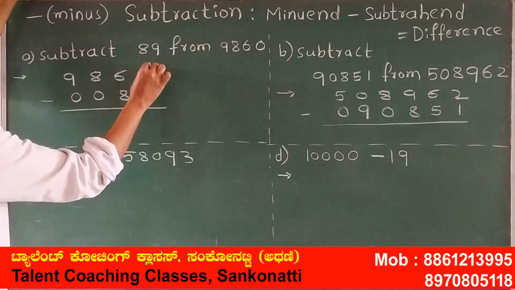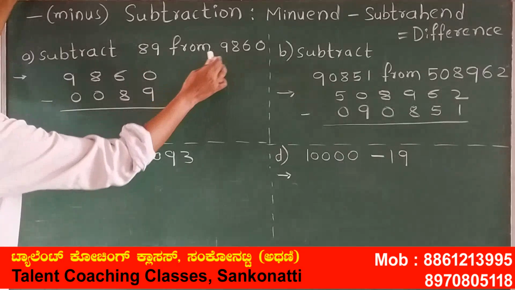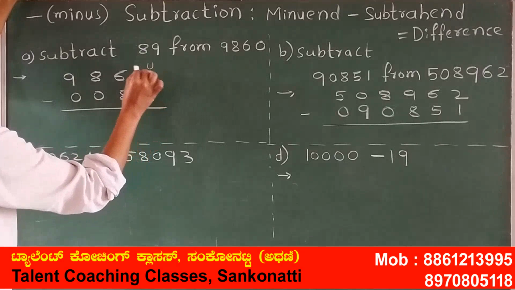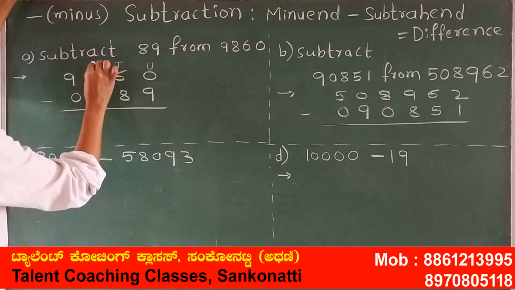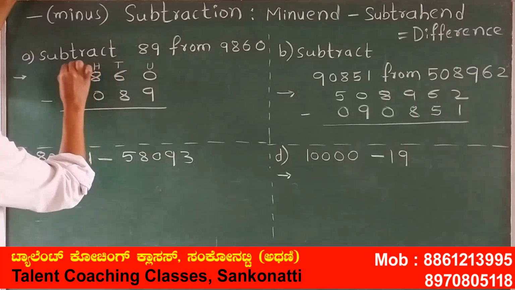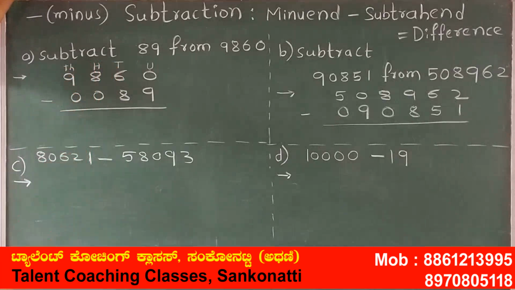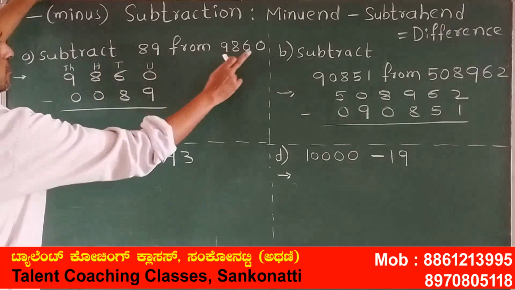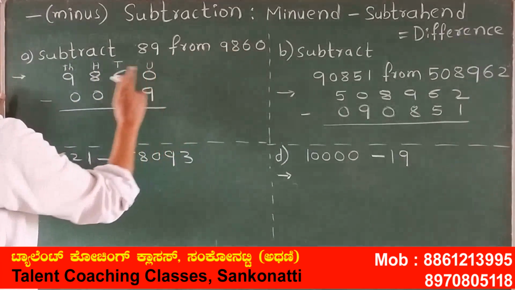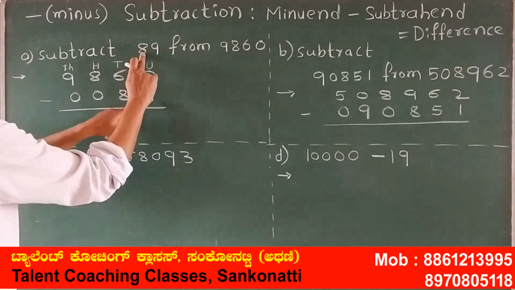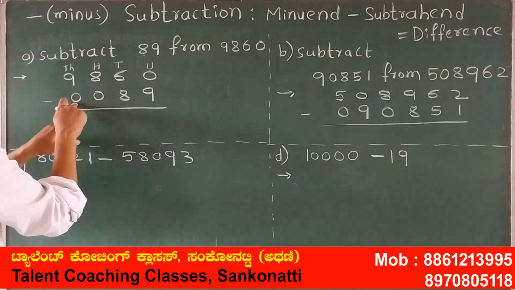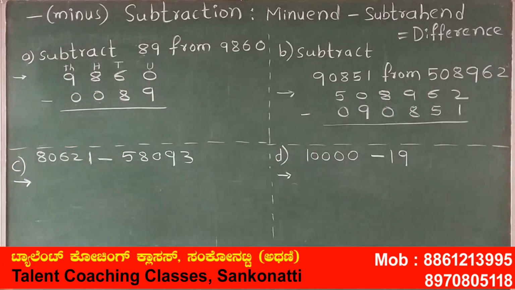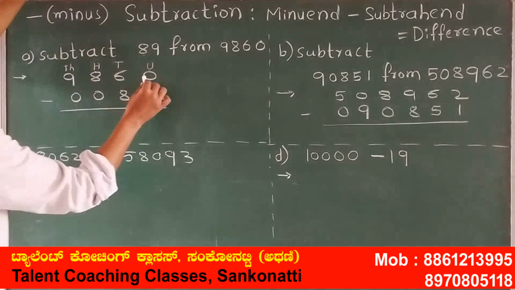First of all, we have to write this in the place value chart: unit, 10, 100, 1000. Unit, 10, 100, there is no 100 place, there is no 1000. So we write 0 here and we will subtract.